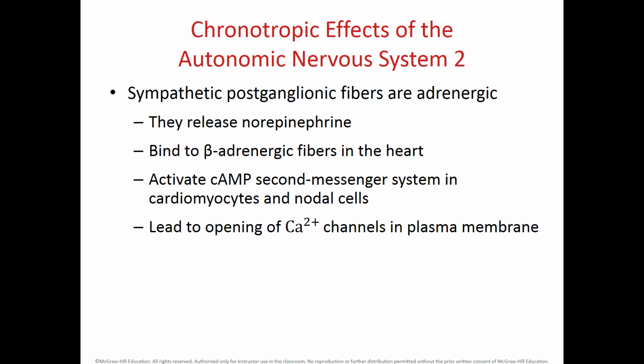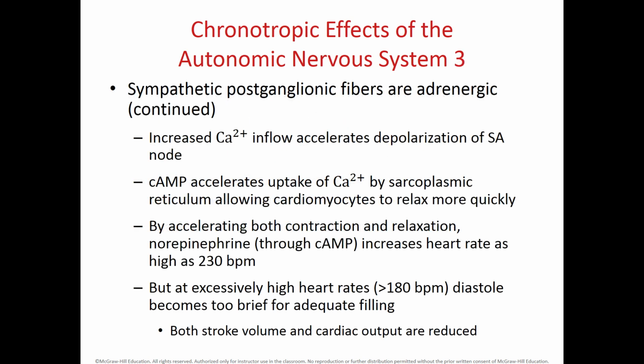Why? Because it helps to increase the opening of calcium channels within the plasma membrane, so you have more calcium available for contraction. And then you have drugs that have a negative chronotropic effect, like beta blockers, that decrease the heart rate and the contractility of the heart.